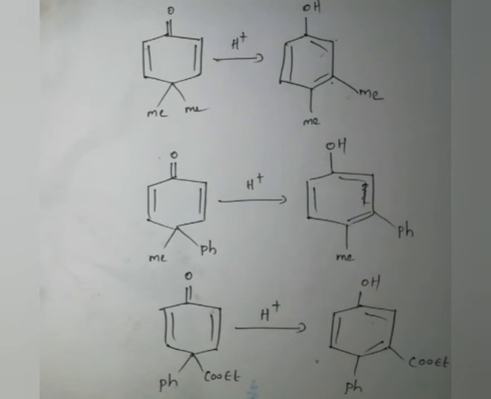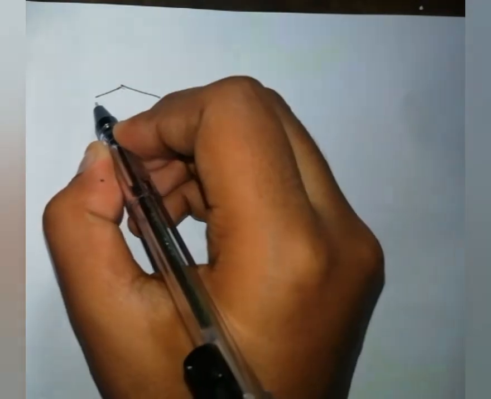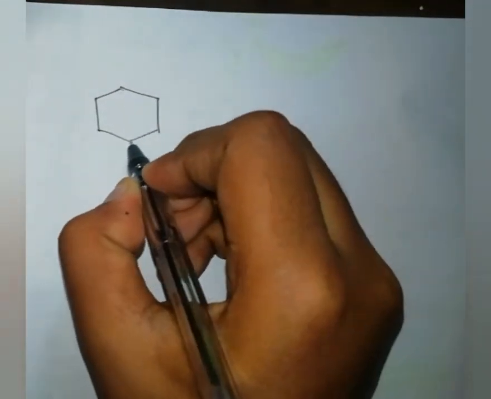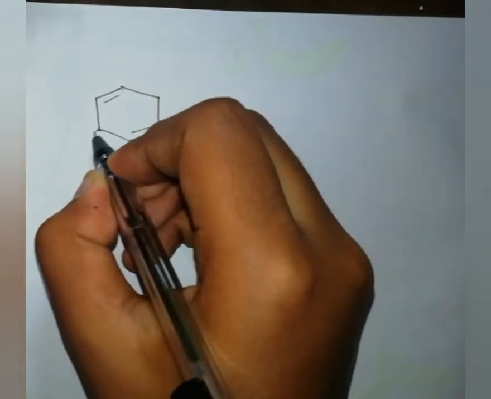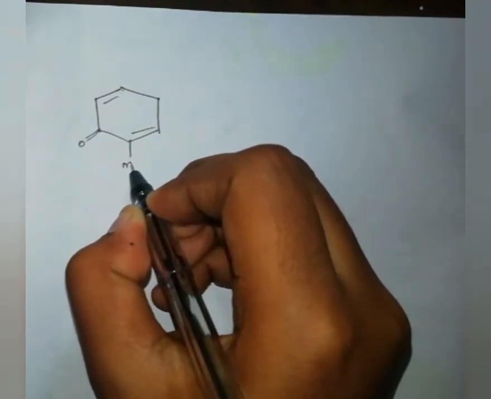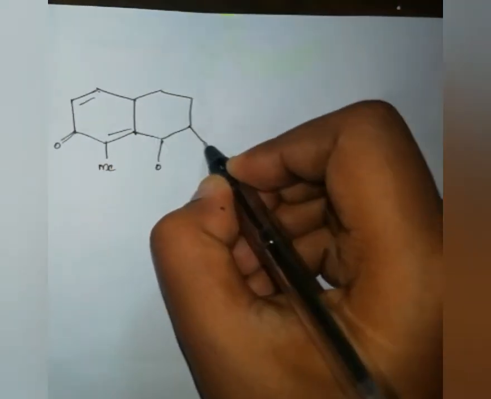Okay, I hope you get the mechanism and also the migratory preference of this reaction, and let's discuss one more example. This question was asked in the CSIR NET exam, December 2014.